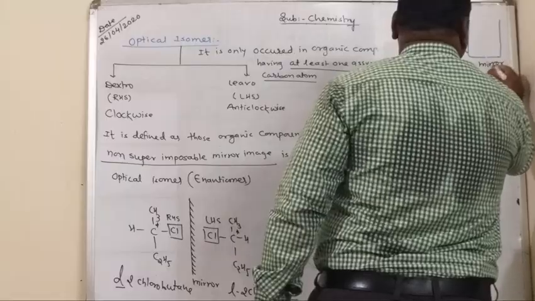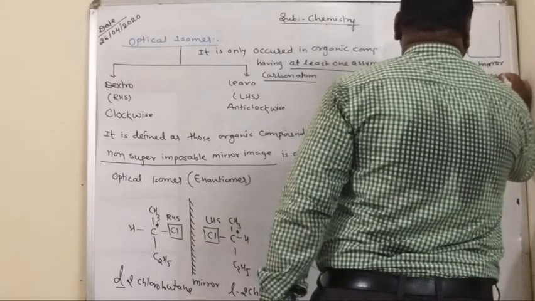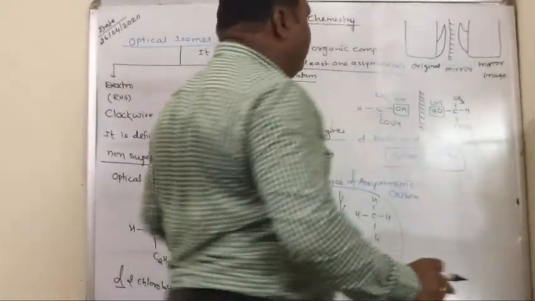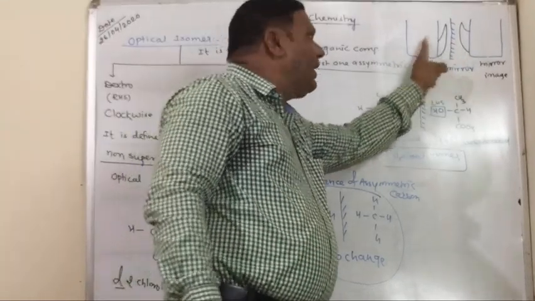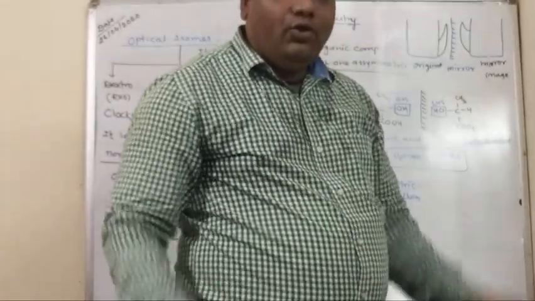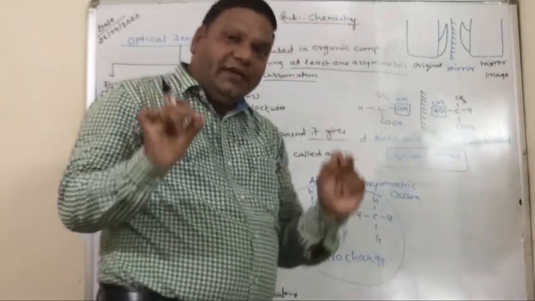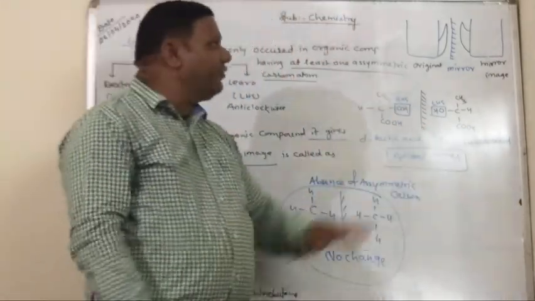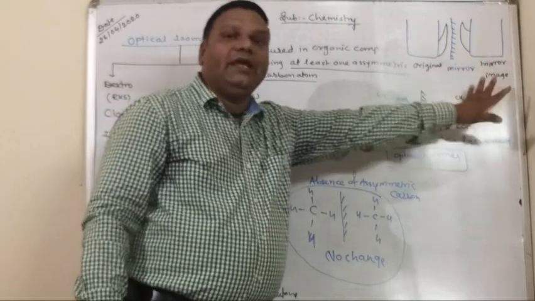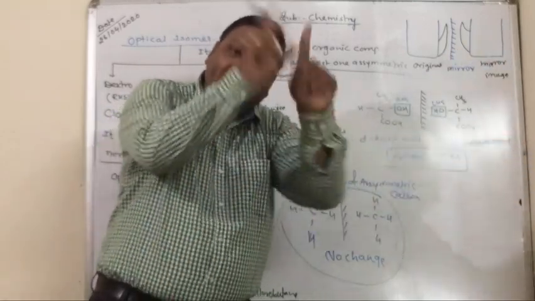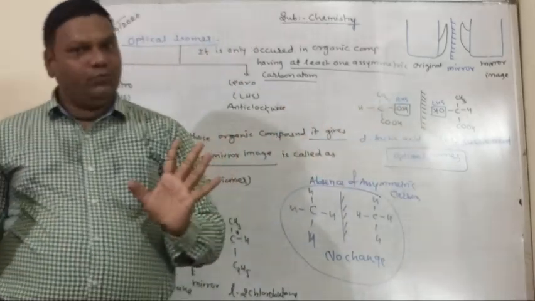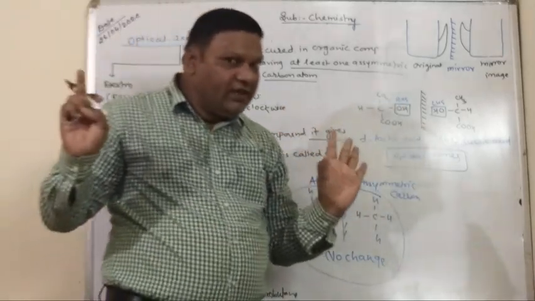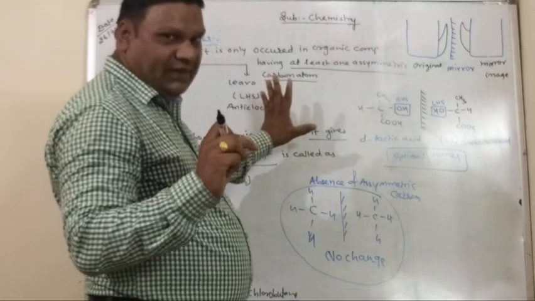So this is the mirror image. Now this handle is here on right hand side and this one is here on left hand side. So now it will be a non-superimposable mirror image, and therefore it is optically active when we place a handle. Without handle, optically inactive. Point is clear? So this is a very simple concept.